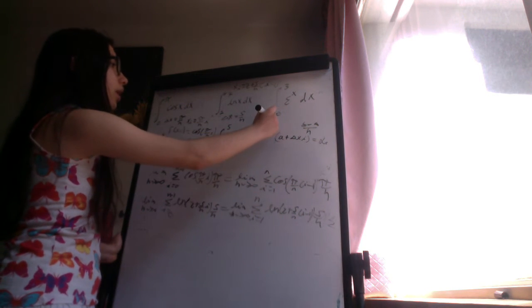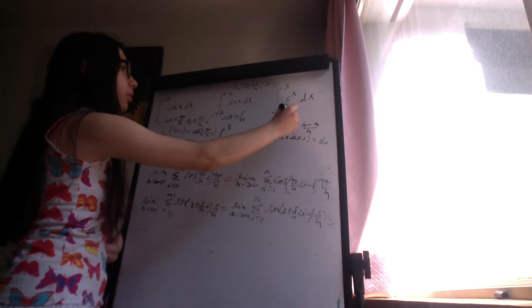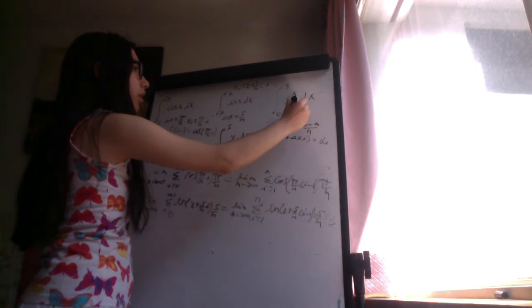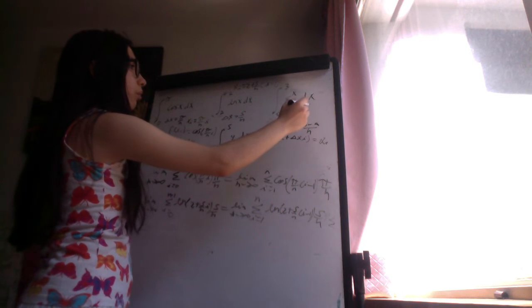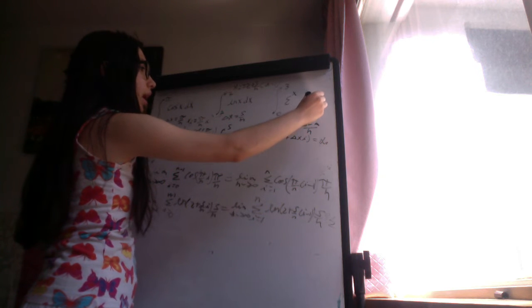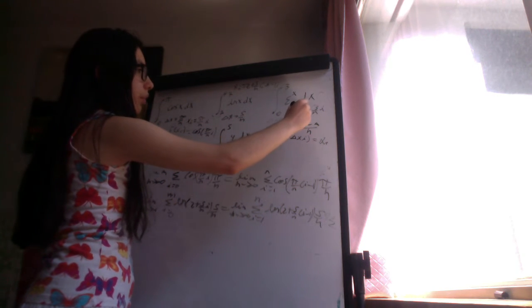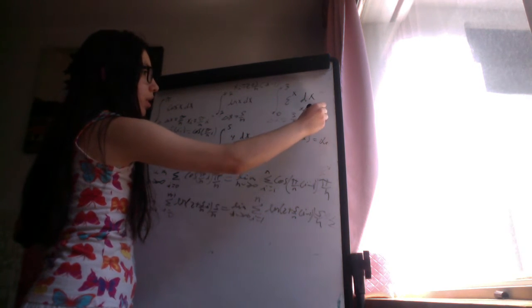Here delta x is 3 over n, x sub I will be 3 over n I, or the non-traditional way would be 3 over n times I minus 1.